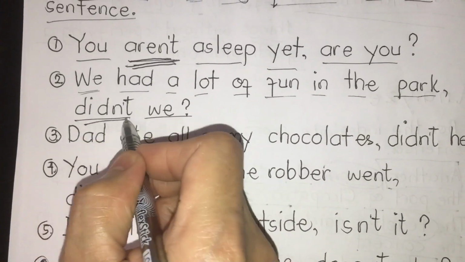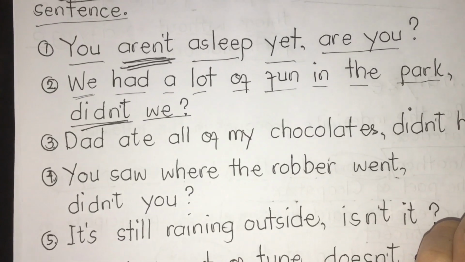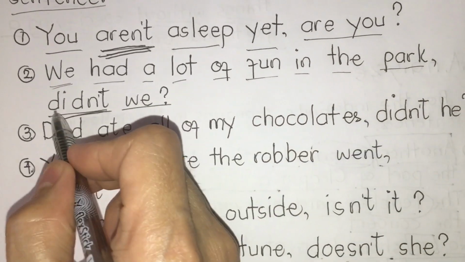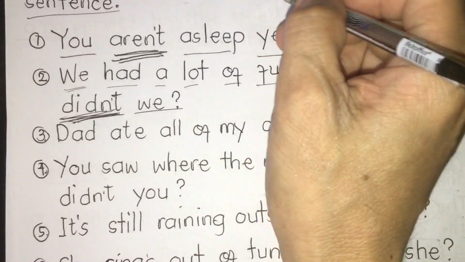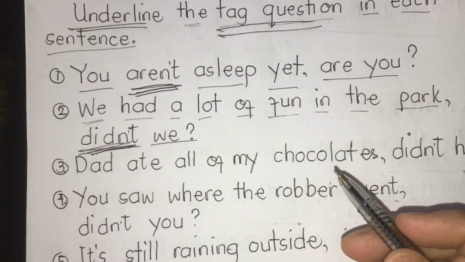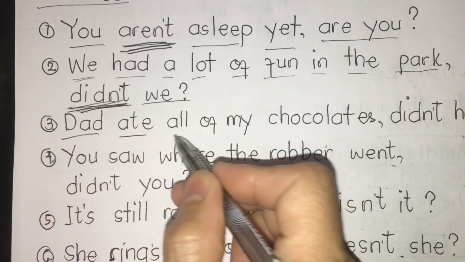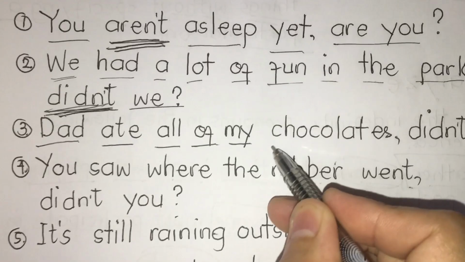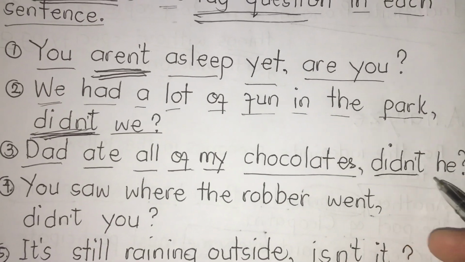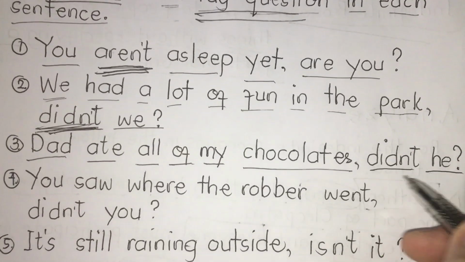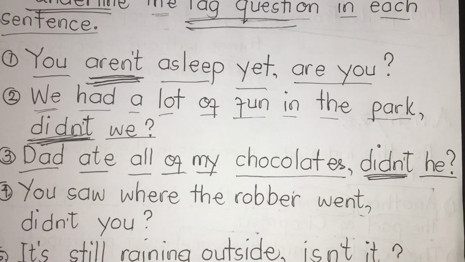So obviously our tag question for number 2 is didn't, the word did not. Third: Dad ate all of my chocolates. Wow, it's yummy. Didn't he? Another is the word didn't, from the word did not.